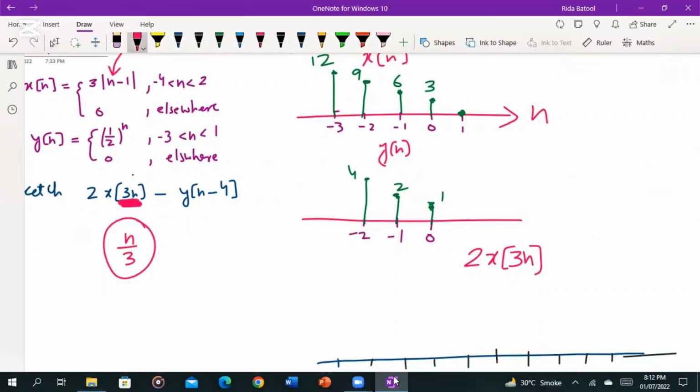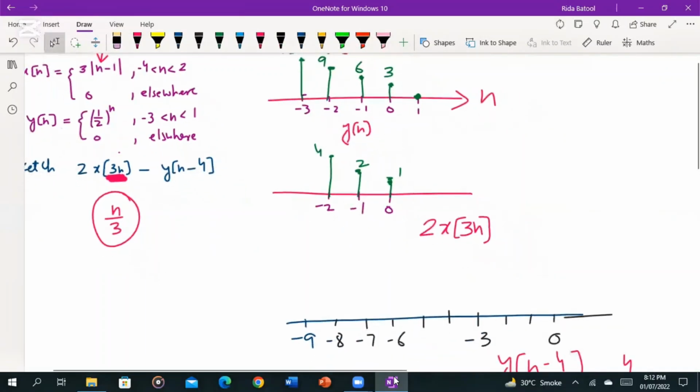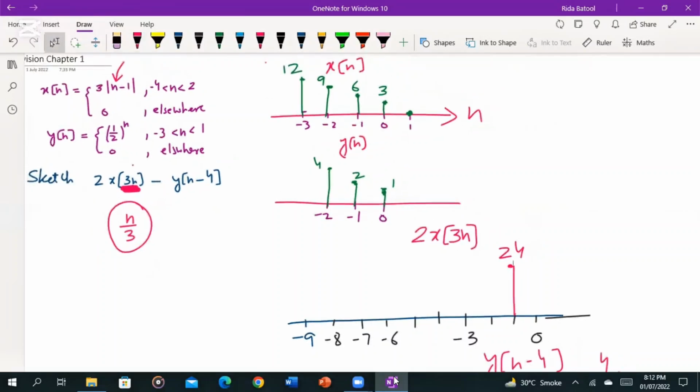So let's start from here. Minus 3 by 3 would be minus 1, and minus 1 is over here. So 12 twos are 24. Now divide minus 2 by 3.